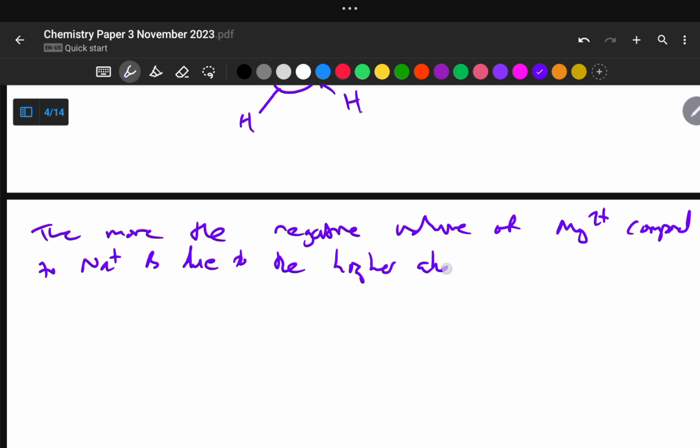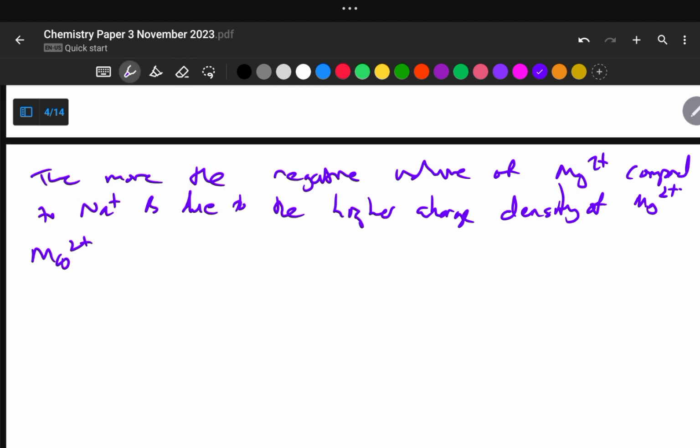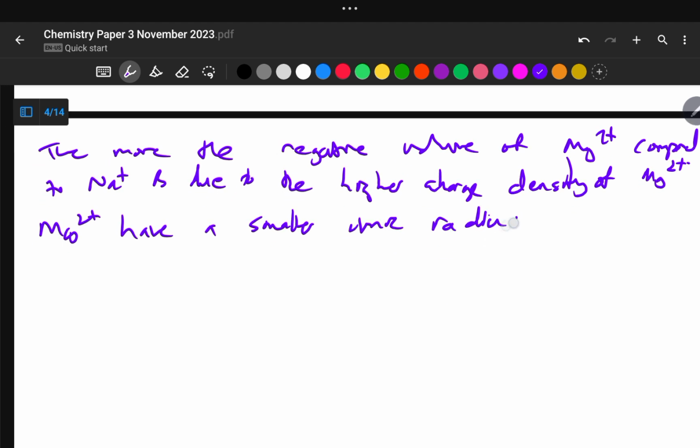High charge density of magnesium ion. You have a smaller ionic radius than the sodium ion.